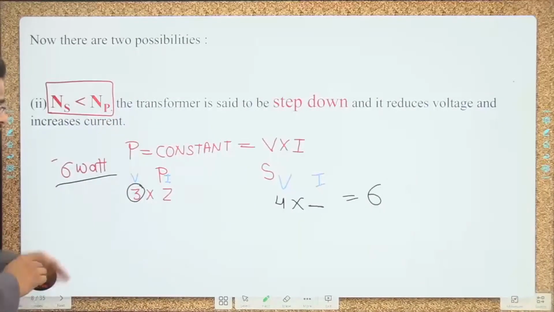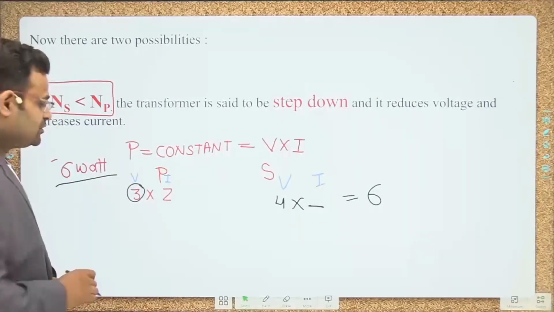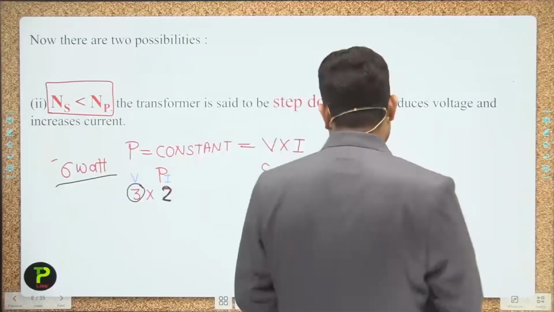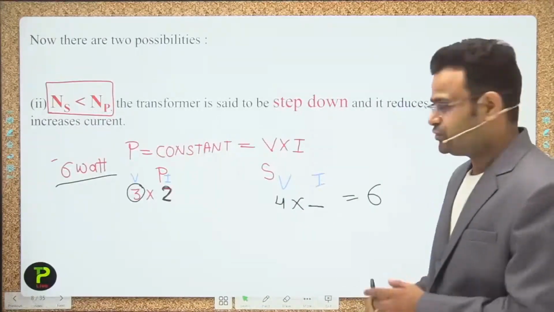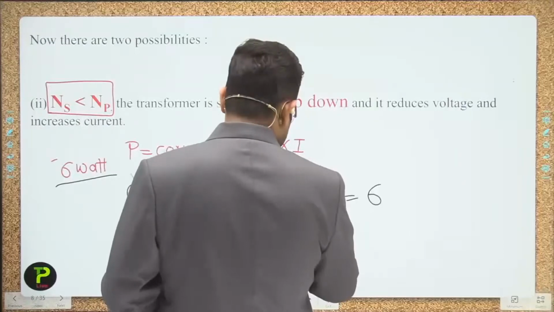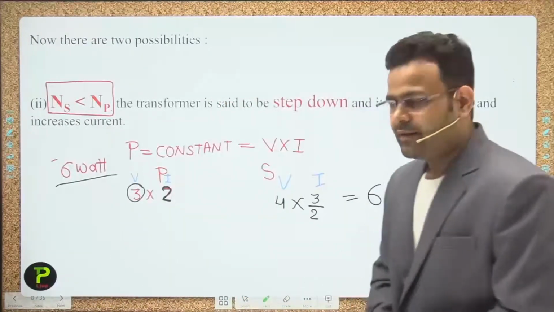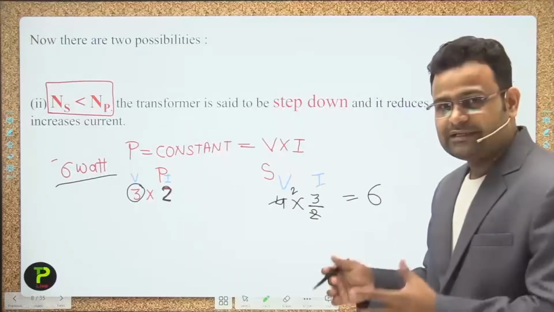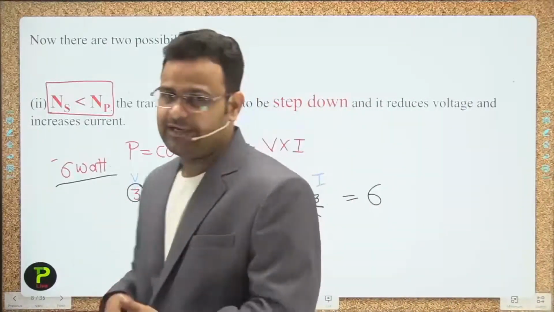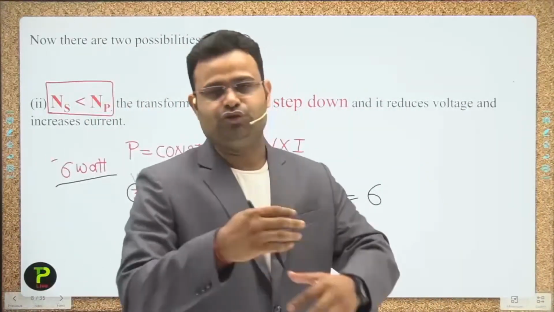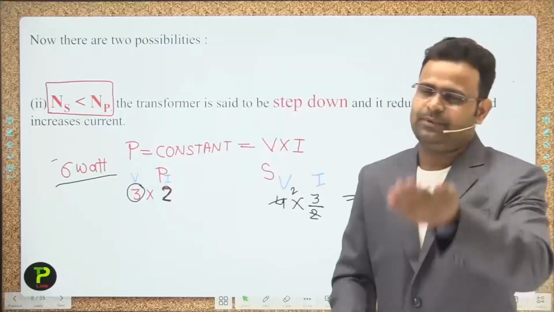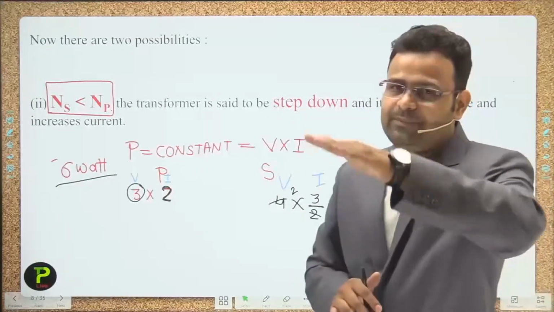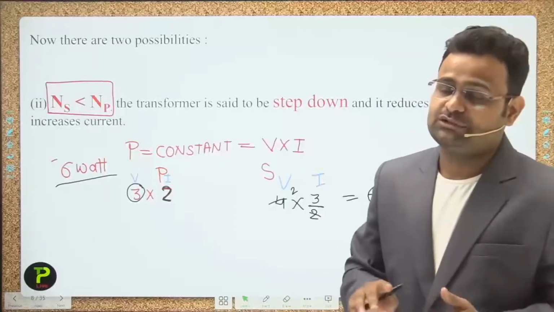So the current will decrease, say to 1.5, and when the current decreases it cancels out the increase, and again we get 6. That is the reason behind it. If we use a step up transformer, the voltage will increase but the current will decrease, but the product is always constant, meaning power is always constant.